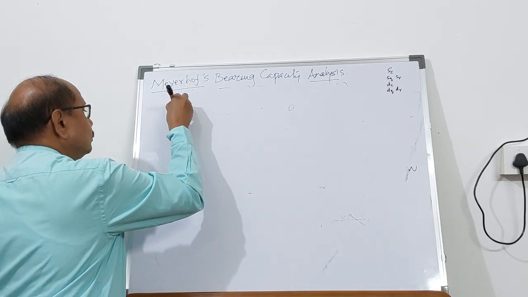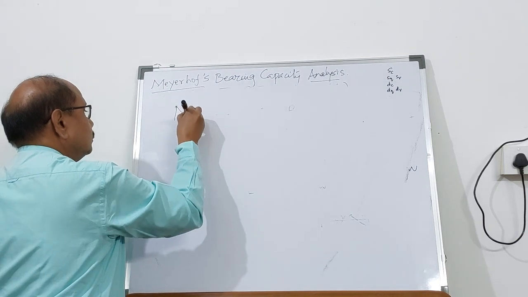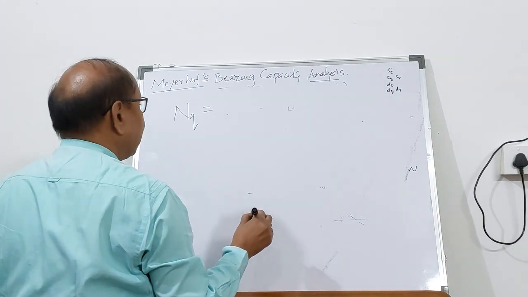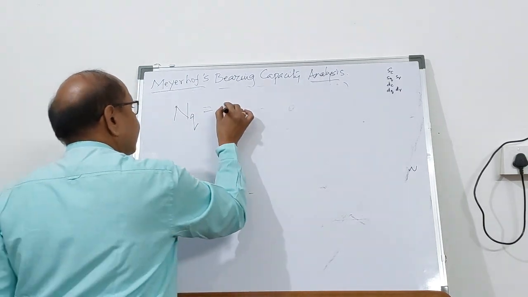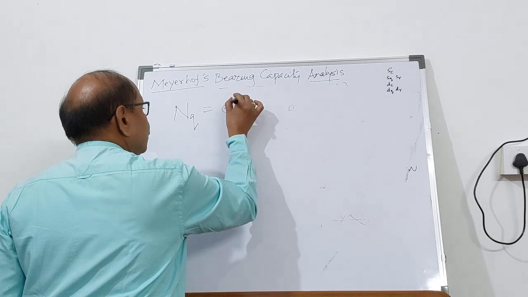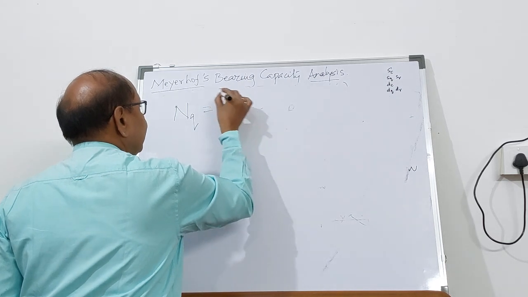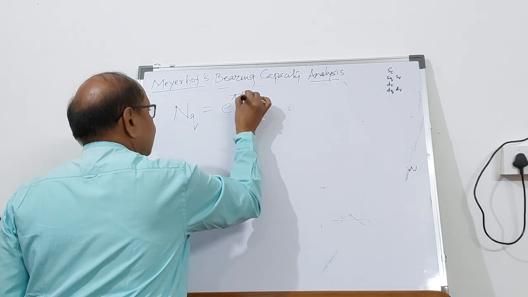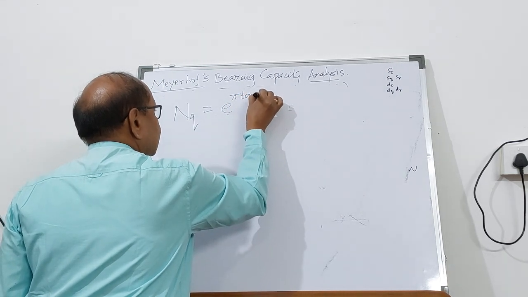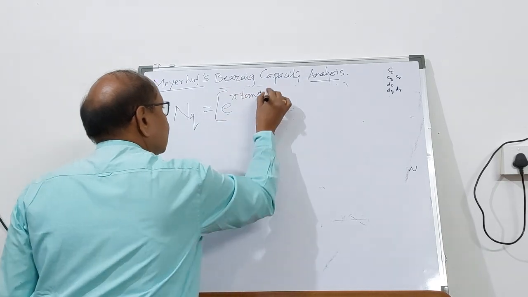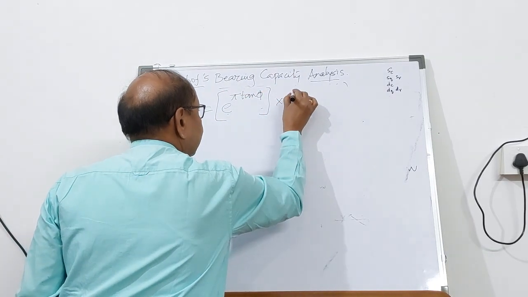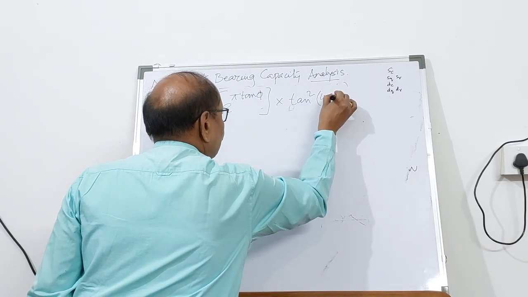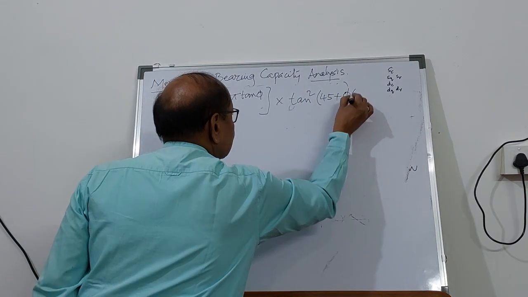N q, the bearing capacity factor, can be computed using the equation given by Meyerhof, e raised to pi tan phi, whole multiplied by tan square 45 plus phi by 2.